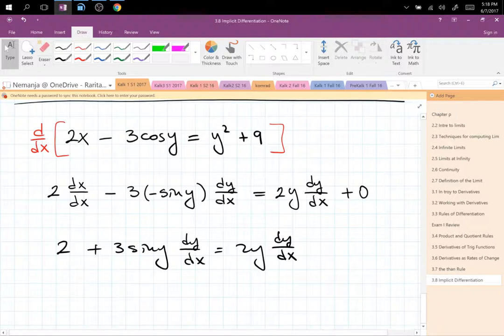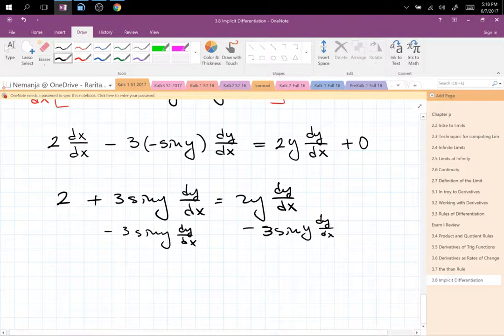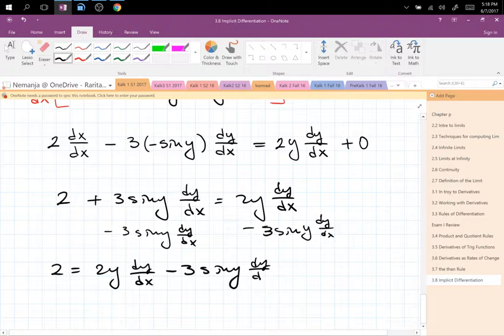So we are going to move negative 3 sine y dy dx to the other side, to get 2 equals 2y dy dx minus 3 sine y dy dx.